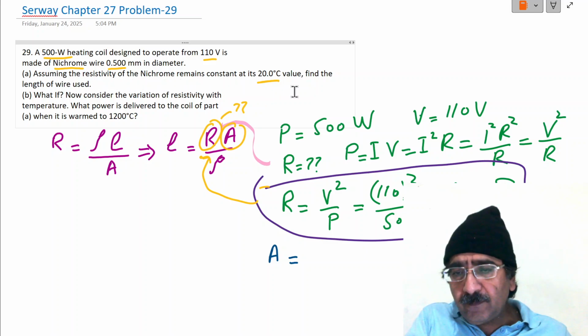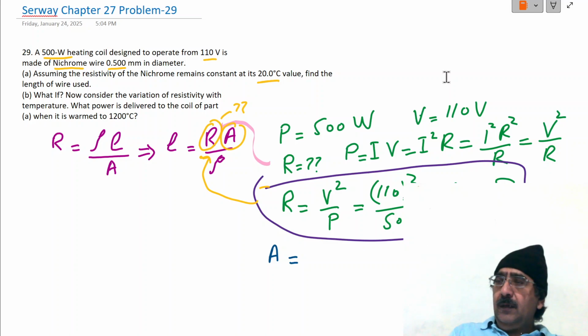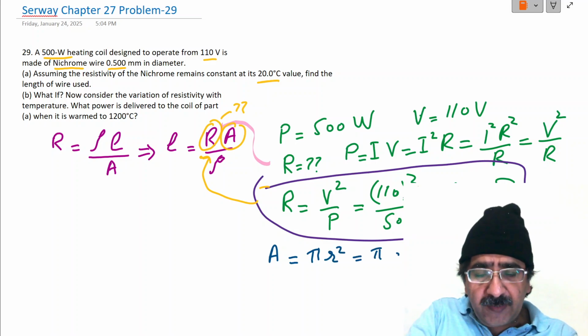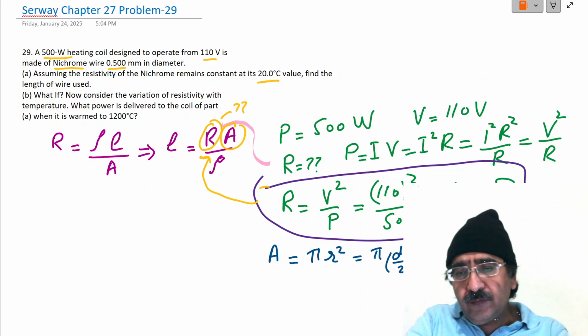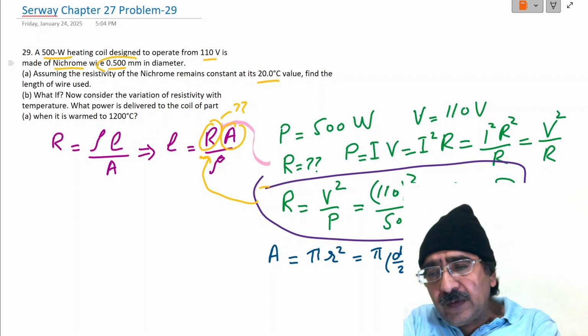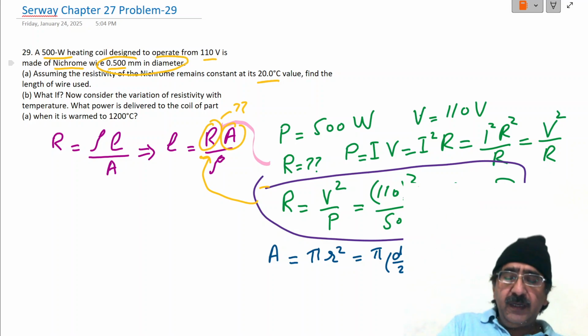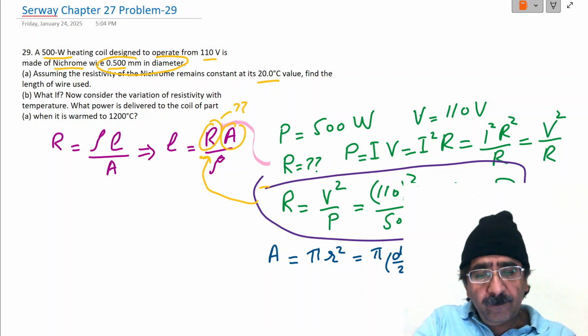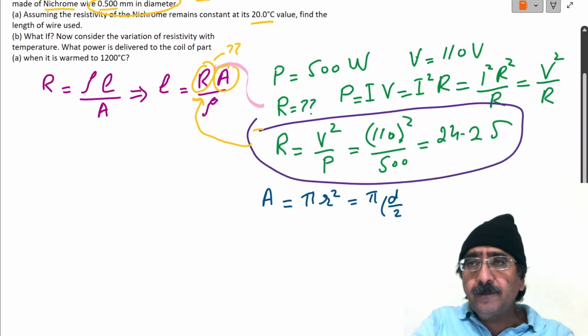Okay, so area will be pi r square, or you may say pi times d by 2 squared, because diameter is given.